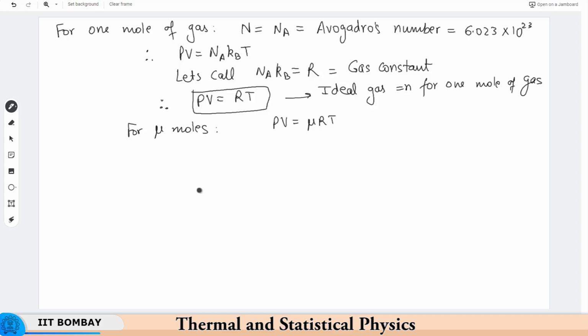Okay. So now let us talk about numbers a little bit, right. Again, all these proportionality constants, since they are fundamental constants, can be experimentally measured, right. And R was experimentally measured to be as follows.